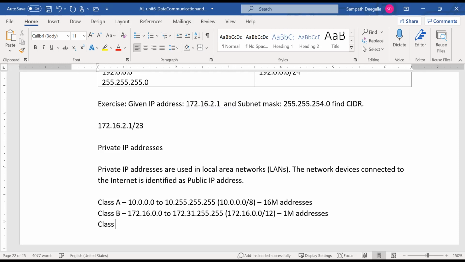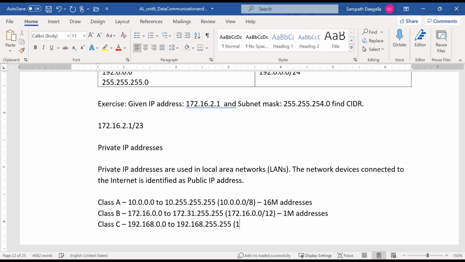And class C, and this is what normally we will use, 192.168.0.0 to 192.168.255.255.